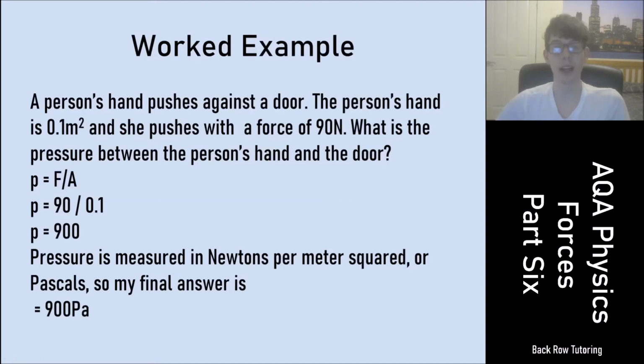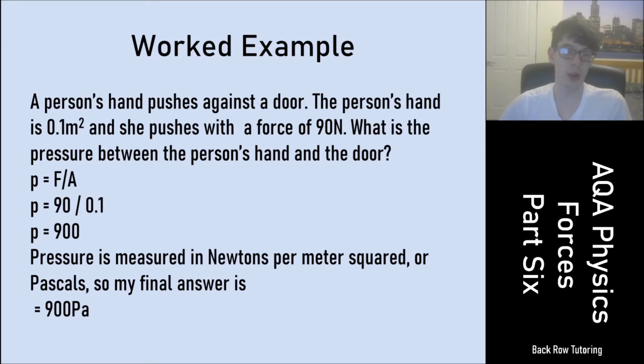So let's have a look at a worked example. A person's hand pushes against a door. The person's hand is 0.1 meters squared, and she pushes with a force of 90 newtons. What is the pressure between the person's hand and the door? Well, we know that pressure is equal to force divided by area.